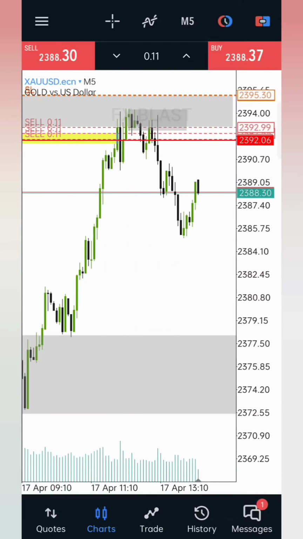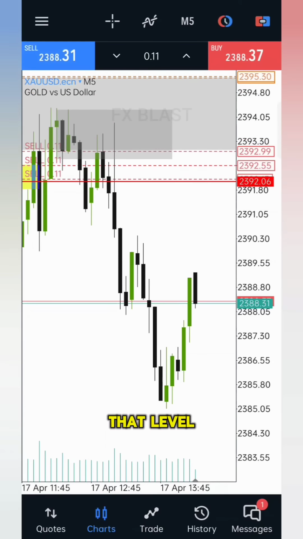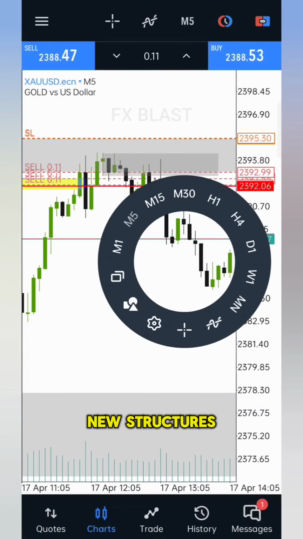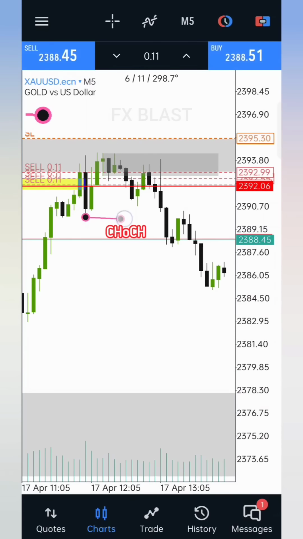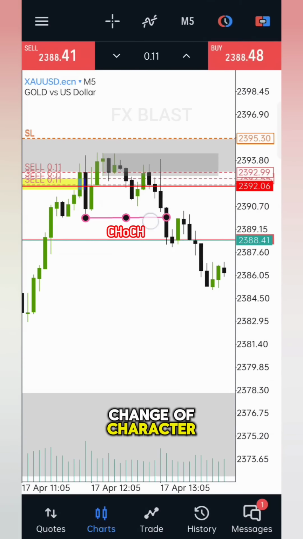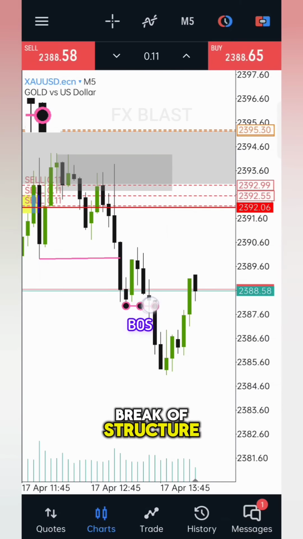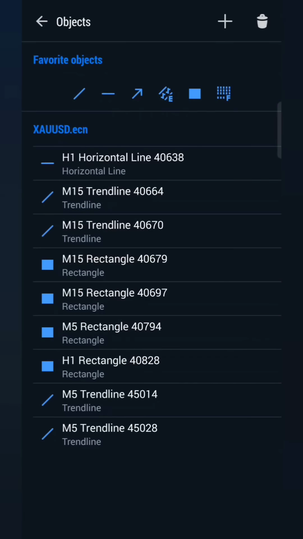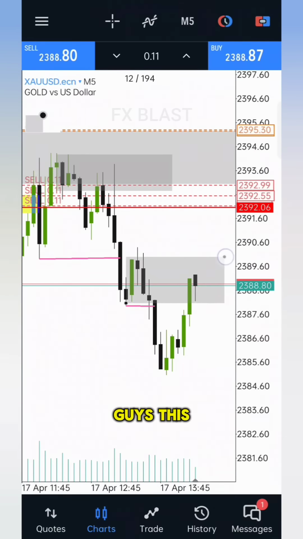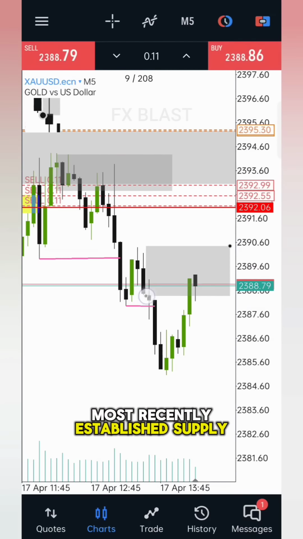A few moments later. See, price dropped from that level, causing a creation of new structures. So, here's the change of character. And, this is a break of structure. Guys, this is our most recently established supply zone.